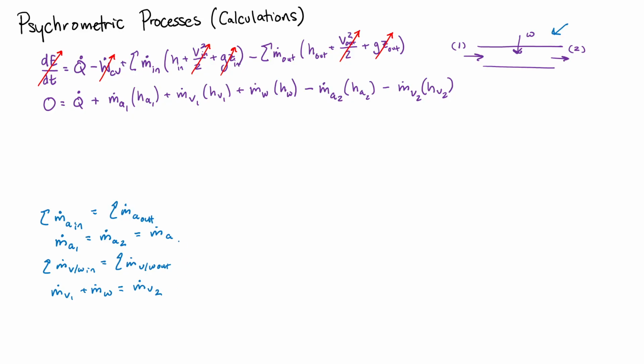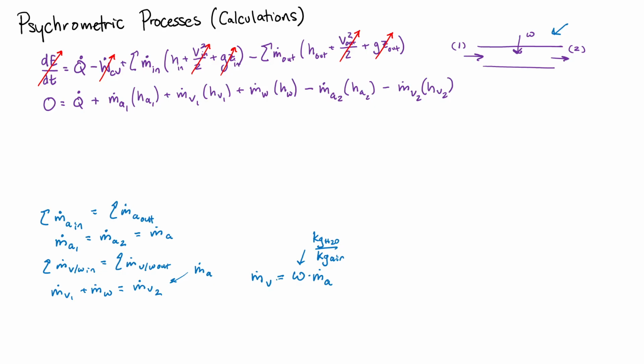But what I can do from this is change this into the form using m dot air to try to simplify my equation a little bit further. So easiest thing to do here is I can say that m dot vapor is going to be equal to omega times m dot air, because omega was my value that was kilograms of water vapor in air per kilograms of air.